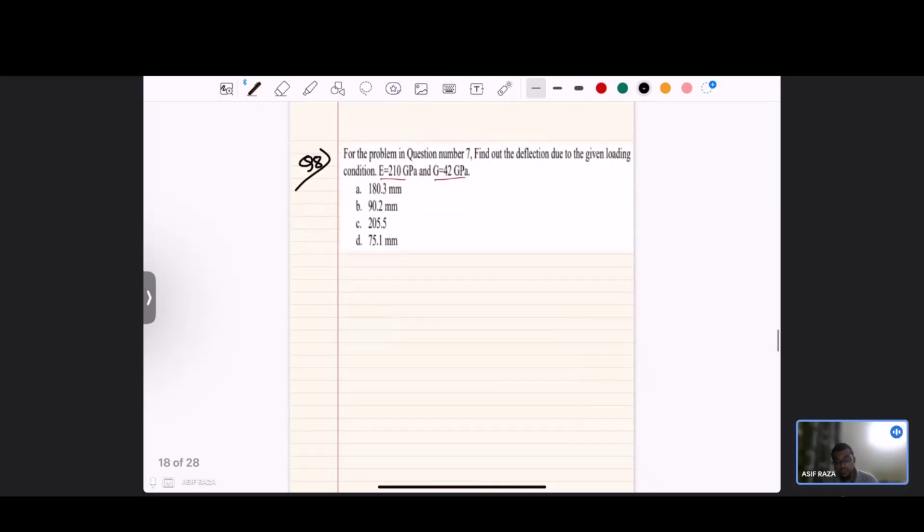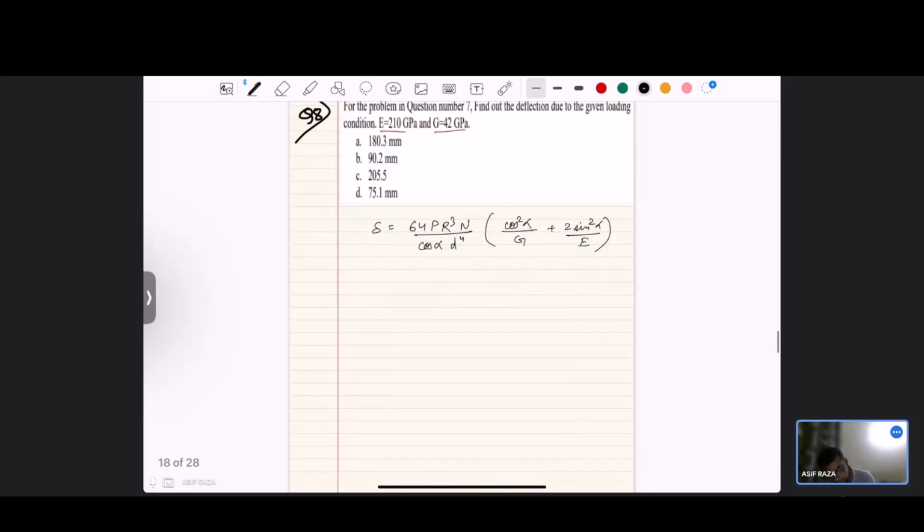So it's a direct calculation based formula, where the formula to be used is 64 P R cube n upon cos alpha d to the power 4, times cos square alpha upon G plus 2 sin square alpha upon E.